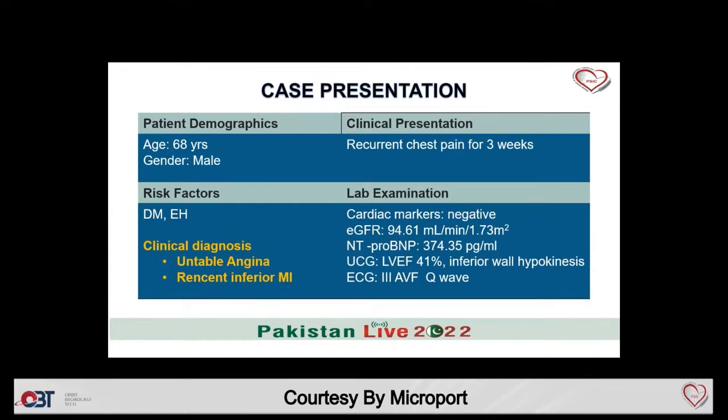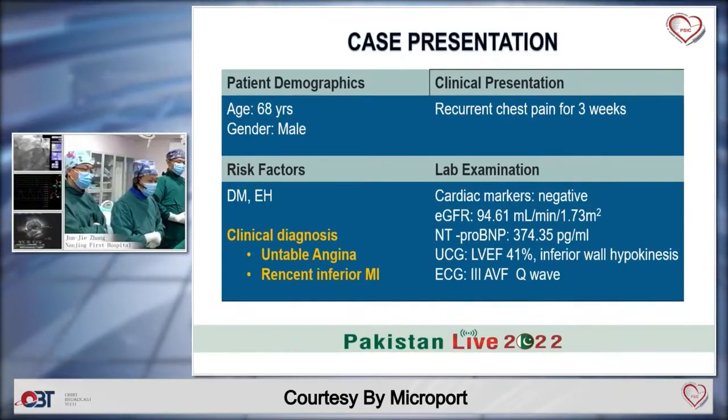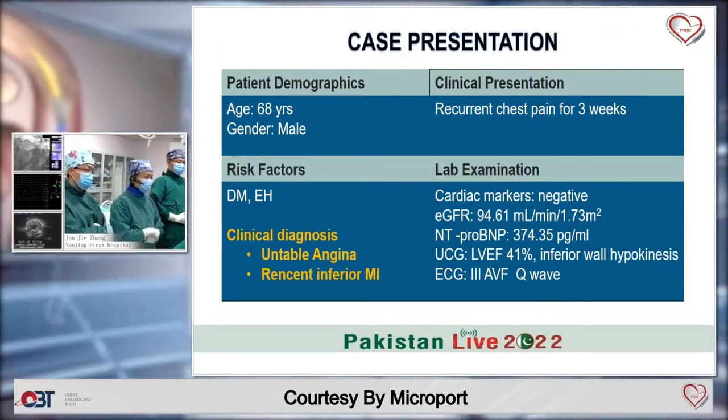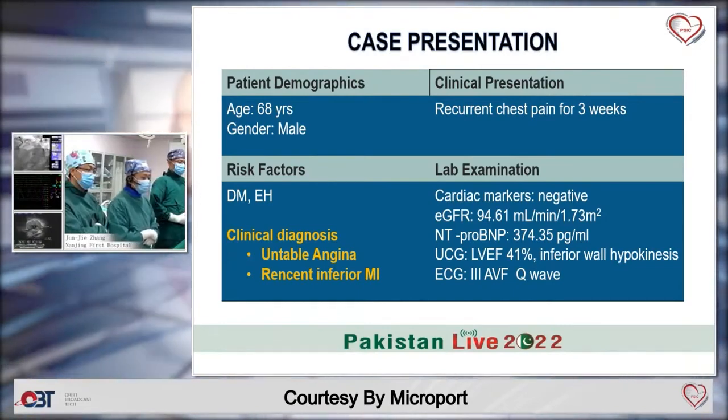After admission, laboratory tests showed elevated cardiac markers, the eGFR is nearly normal, and BNP is normal. The UCG shows ejection fraction 41% and inferior wall hypokinesis, and ECG shows inferior wall myocardial infarction. The clinical diagnosis is unstable angina and recent inferior myocardial infarction.